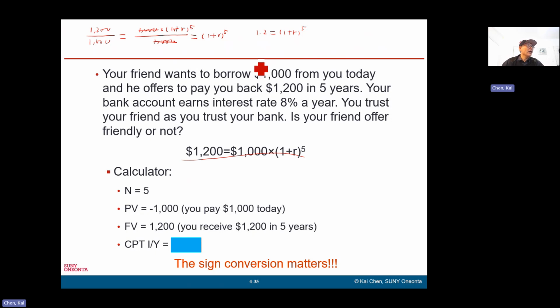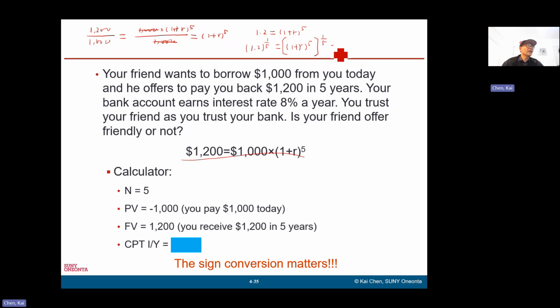On the left hand side, the base is 1.2. Take a 5th root, then that means the power would be 1 over 5, right? And on the right hand side, (1 plus r) raised to the 5th power, and then take a 5th root.